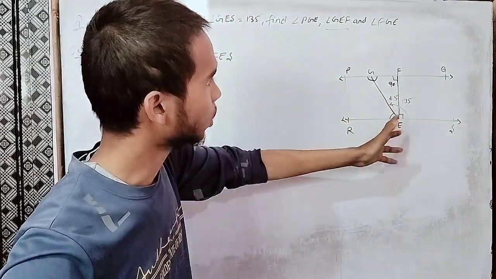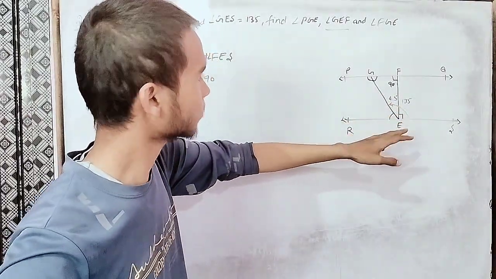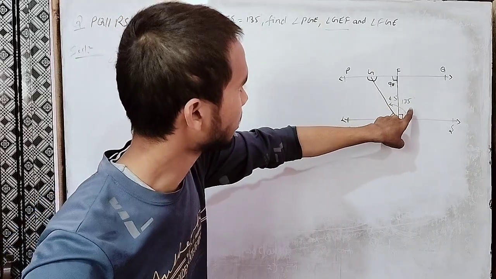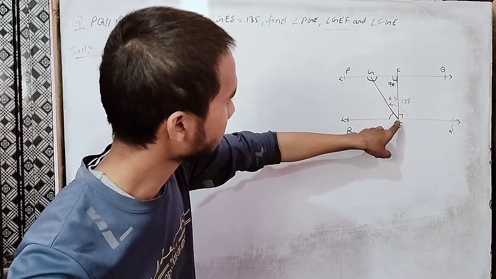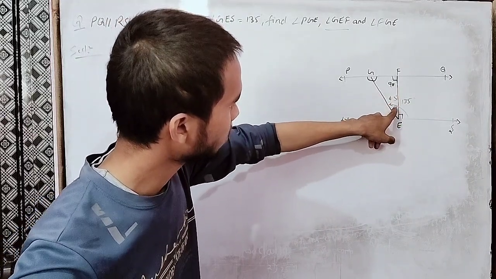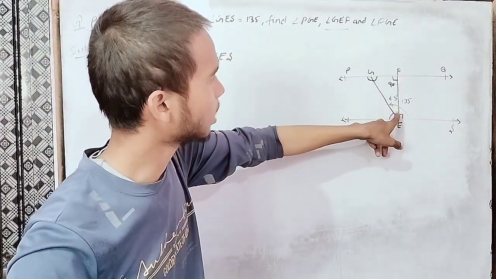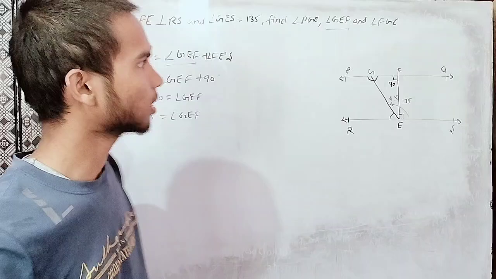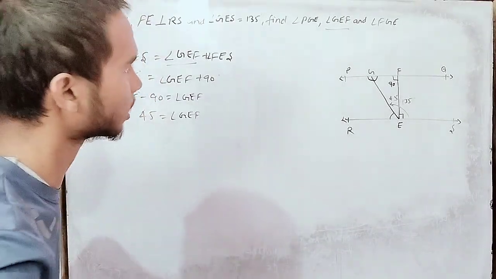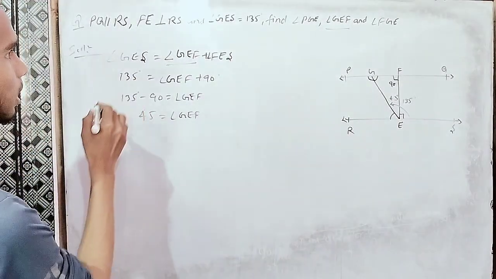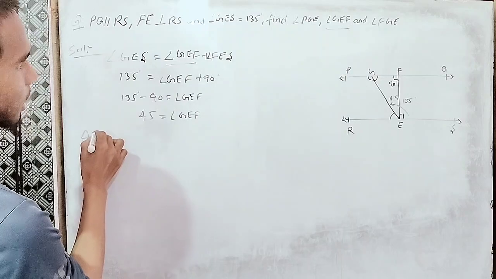Here you can see we have a triangle. The value of this angle, this angle, and this angle would be how much? 180 degree. The sum of angles of a triangle is 180 degree.